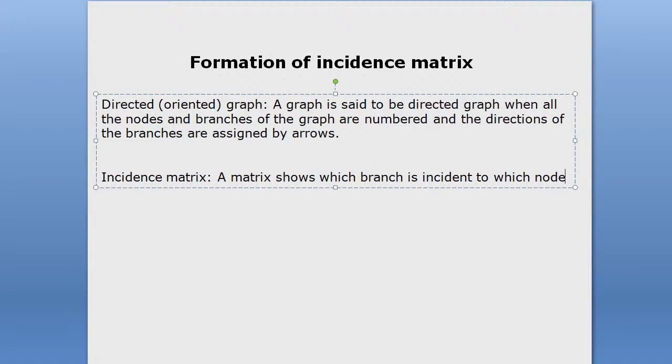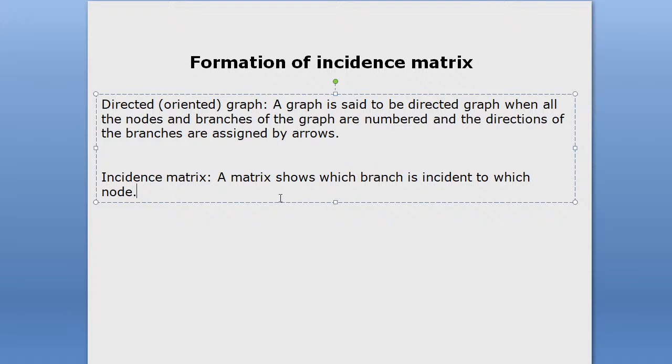So that means we can draw the graph by knowing the incident matrix.